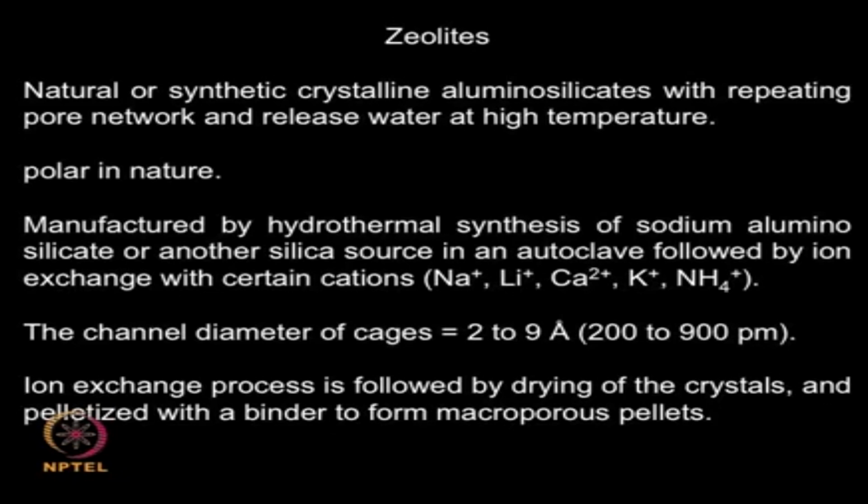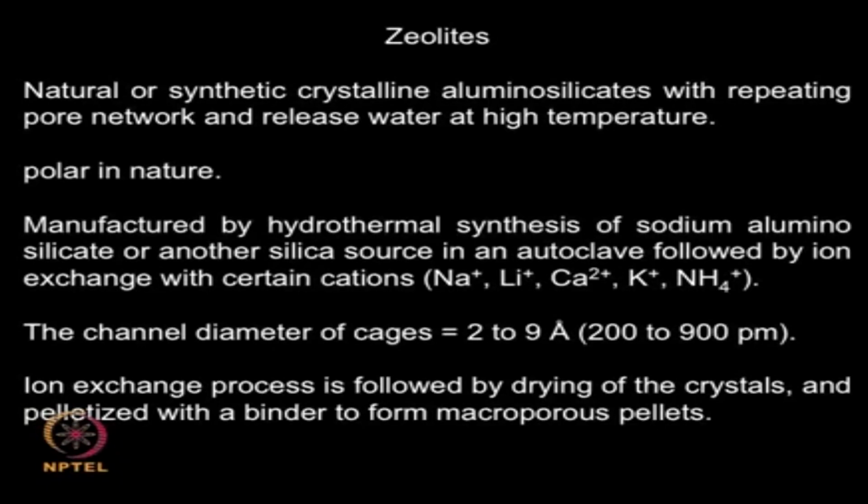For example, if you take ZSM5, it is a 5 angstrom zeolite, that means the internal pore diameter is 5 angstrom. Similarly you can have different sized zeolites, that means when you have a pore of that particular dimension, it will be able to capture or take in gases of that particular size.